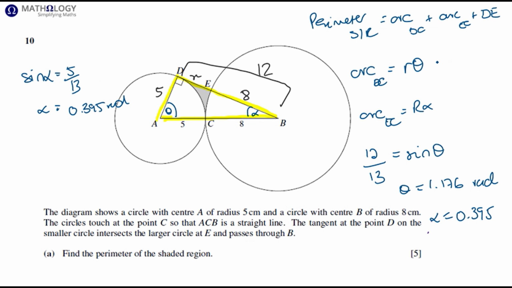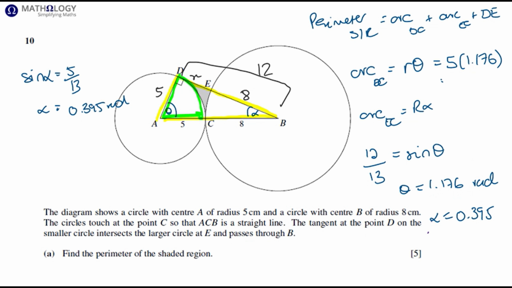We now need to determine the arc length DC, so the radius for this sector, for sector ADC, the radius is 5 and theta is 1.176.